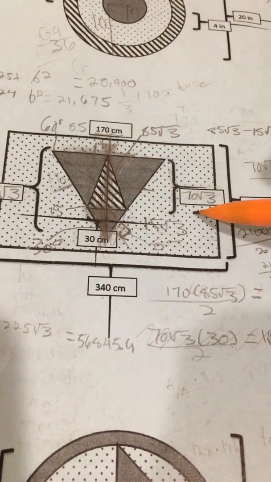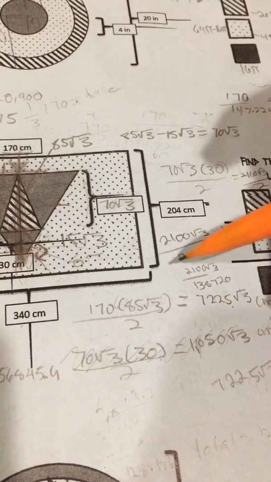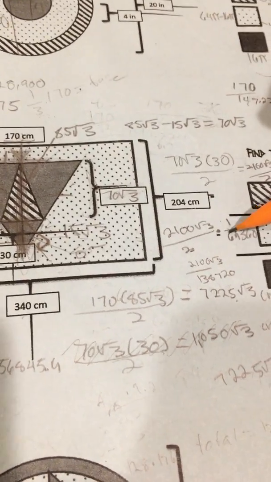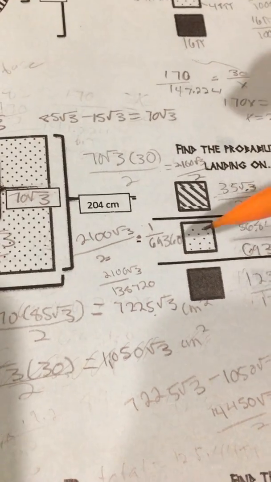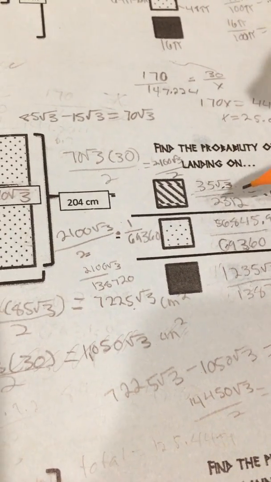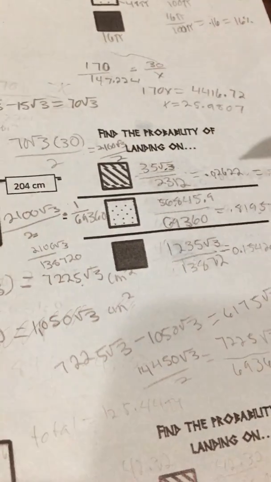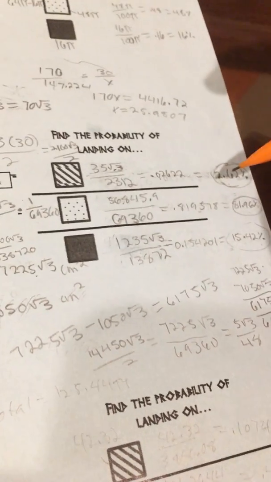So 30 times 70 square root of 3 divided by 2, which is 2100 square root of 3 divided by 2. Since you're going to be dividing it by 69,360, I put this in a fraction, and it simplifies to 35 square root of 3 divided by 2,312. That is 0.02622, or 2.62%, which I rounded.